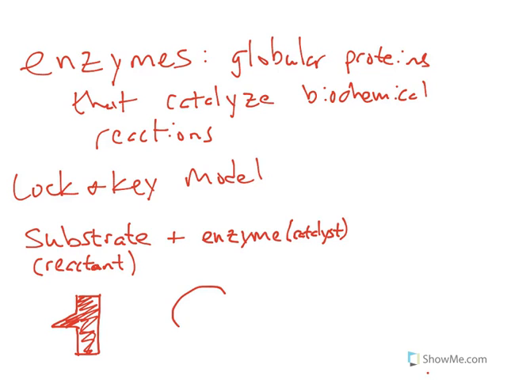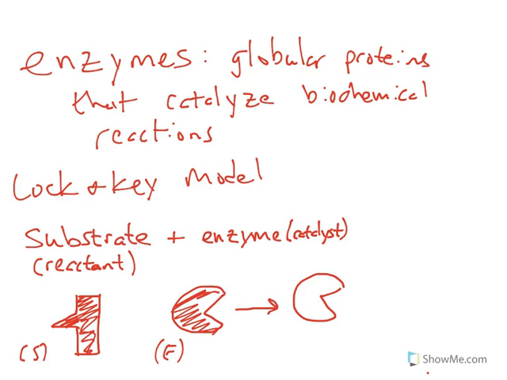And let's just draw this little Pac-Man looking dude. So you have this guy called S here, and this guy called E. And we're going to make something called the ES, or enzyme substrate complex. So this is the enzyme substrate complex.